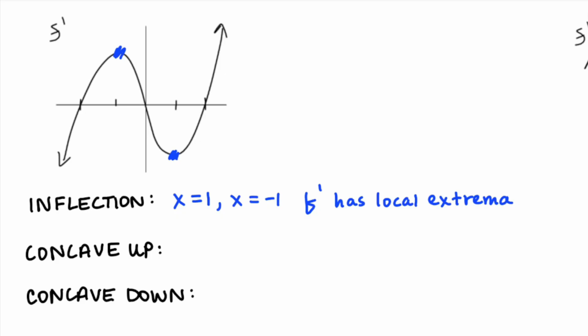All right, concave up is going to be where f prime is increasing. And f prime is increasing when x is less than -1, and also when x is greater than 1. f prime is decreasing between -1 and 1, and that'll be where the graph of f is concave down.